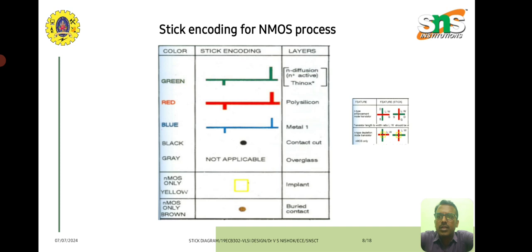At the intersection of the polysilicon and the N diffusion, we place an implant to represent the depletion mode NMOS transistor. Similarly, for a buried contact, we use a brown dot as shown in the diagram below. This represents the stick encoding for the NMOS process.